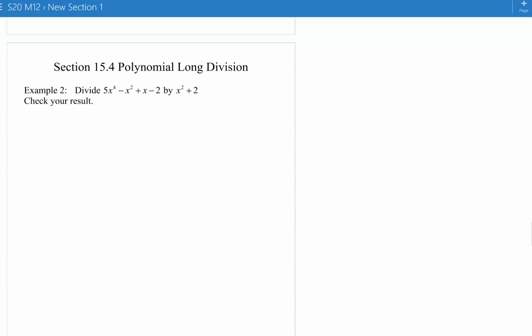Okay, so now let's look at how we would go about dividing by a quadratic. So we're going to divide 5x to the fourth, and then we need 0x cubed, because we don't have any of those, minus x squared plus x minus 2, and we're dividing by x squared plus 2.